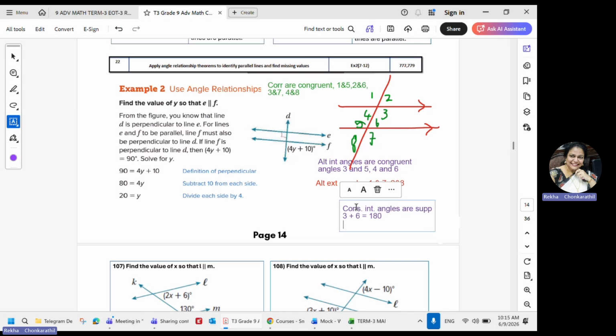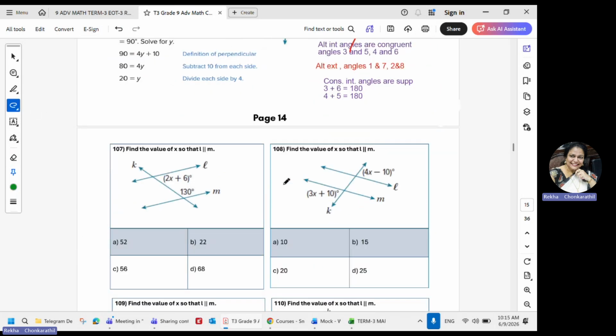And the other pair is angle 4 plus angle 5, which is also 180. These are consecutive interior angles and they are supplementary. So please remember these before you solve the questions down.